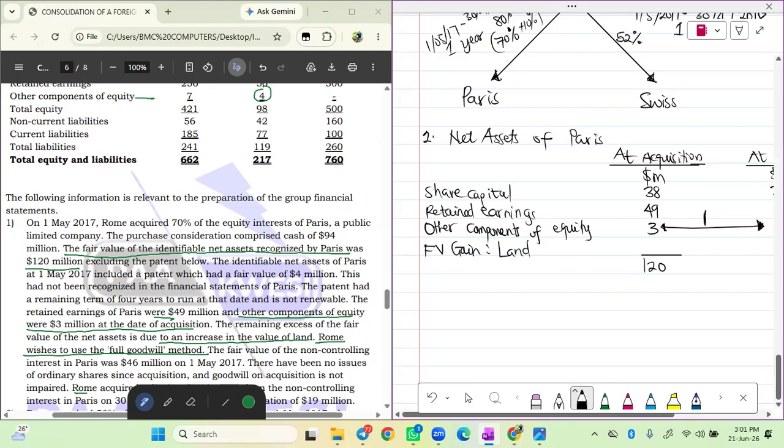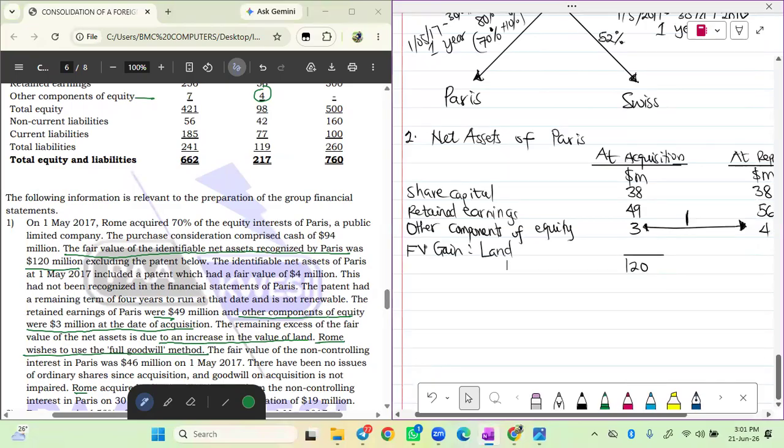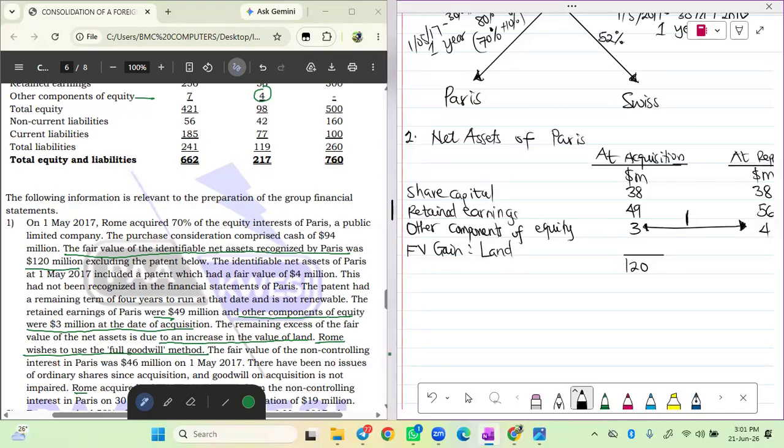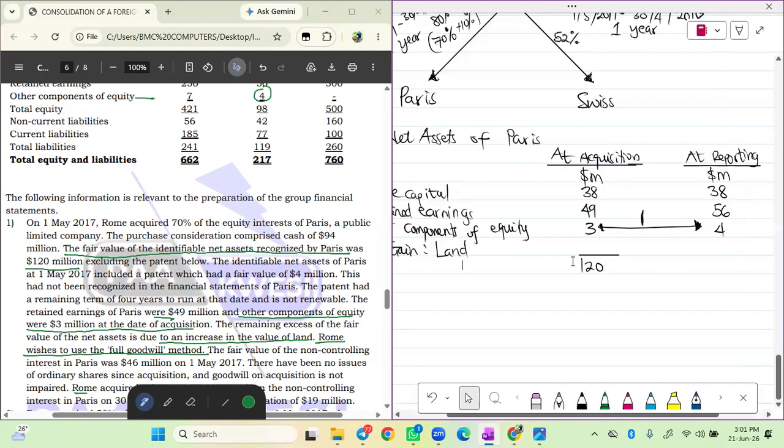That's not the first time we are solving this kind of question. So what is the fair value gain? So it will be the summation of this. If it's not up to 120, the difference they are saying is as a result of what? Fair value gain, land. And that one will be recorded at both acquisition and at reporting.